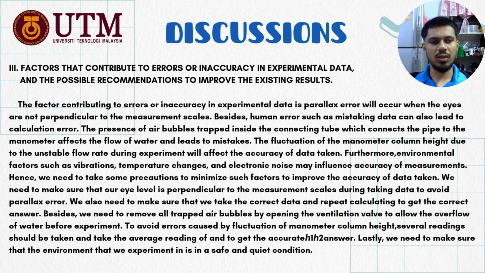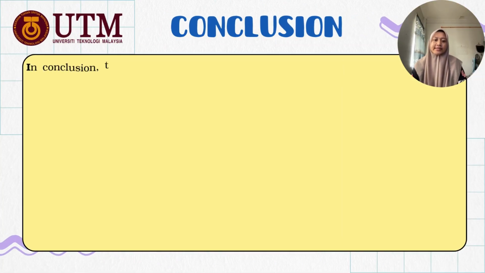To avoid error caused by fluctuation of manometer column height, several readings should be taken and the average reading used to get accurate H1, H2 answers. Lastly, we need to make sure that the environment in which we experiment is safe and quiet. And then this is the conclusion for this experiment.